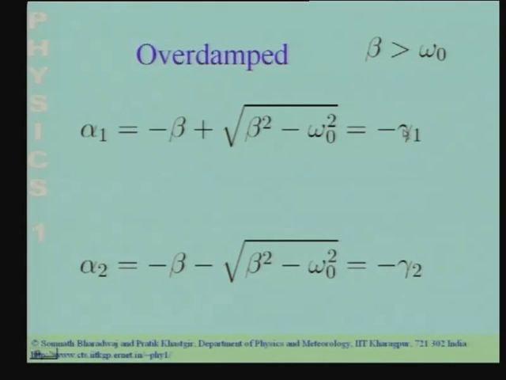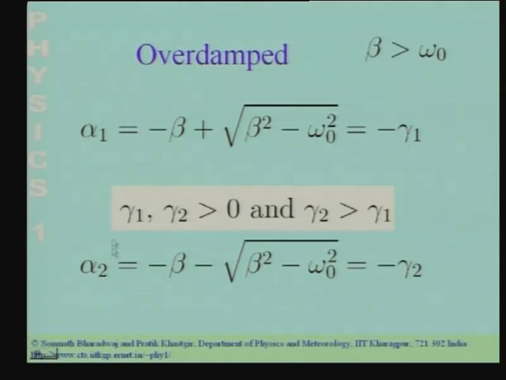two numbers gamma 1 and gamma 2, both of which are positive. So, we have two numbers now, gamma 1 and gamma 2, which are related to alpha 1 and alpha 2 through this minus sign. So, these are both positive, and gamma 2 is more than gamma 1.